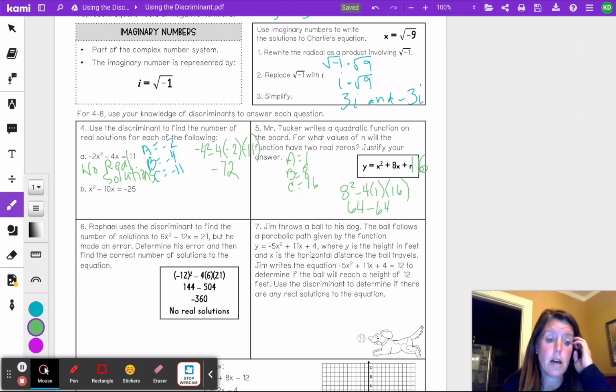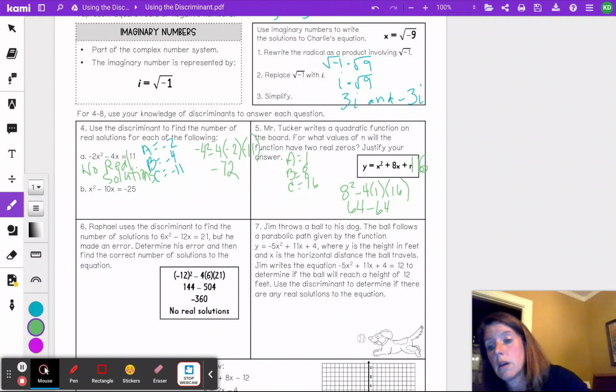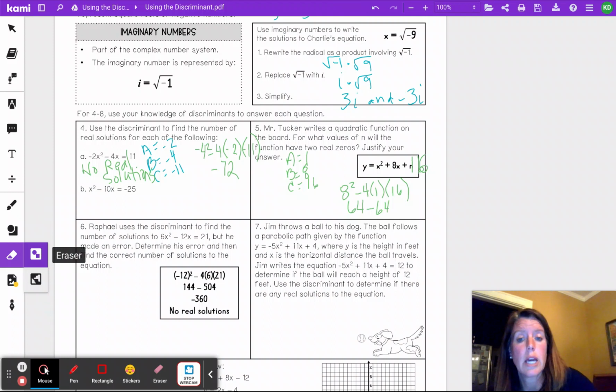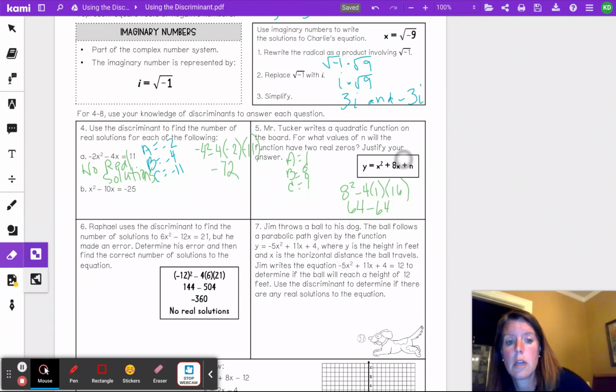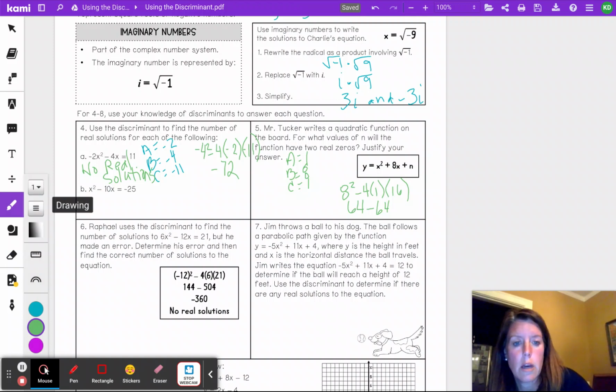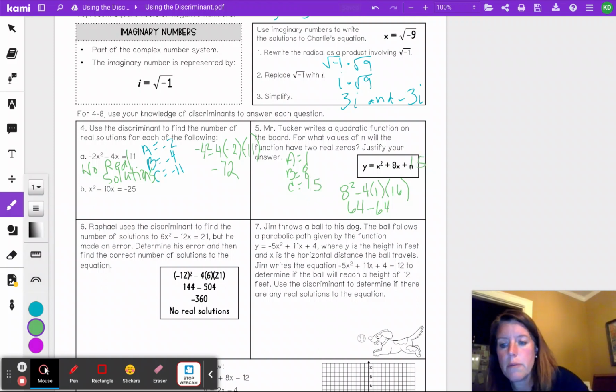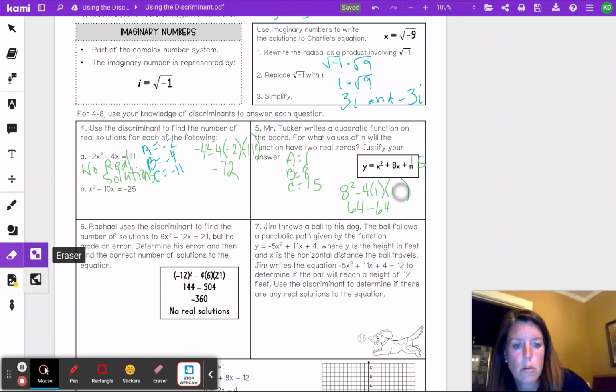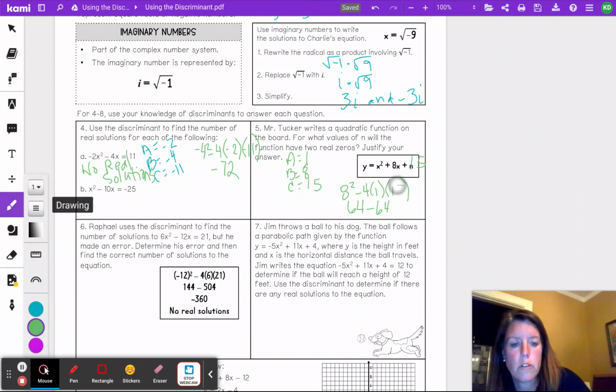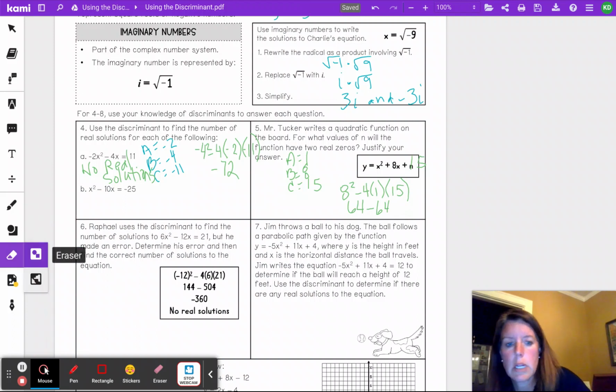If I had a number less than 16, so I'm going to now look at this being 15. I'm going to erase that and put 15 in, and now I'm going to see what I get.